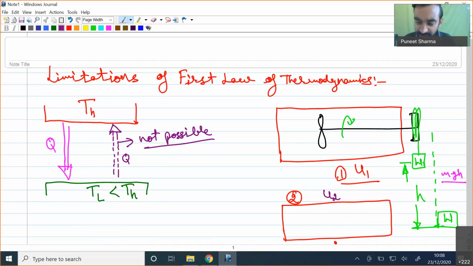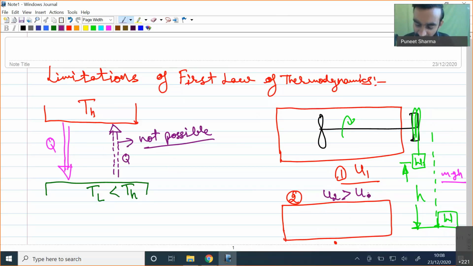This internal energy will be increasing. So U2 will be greater in comparison to U1.